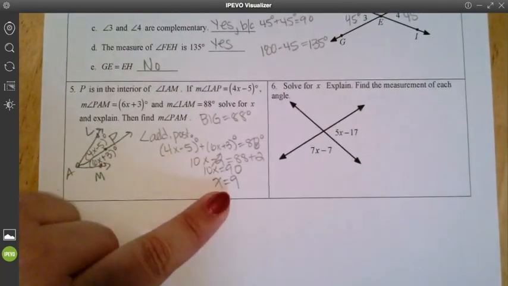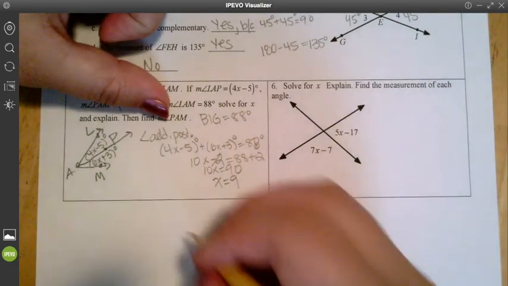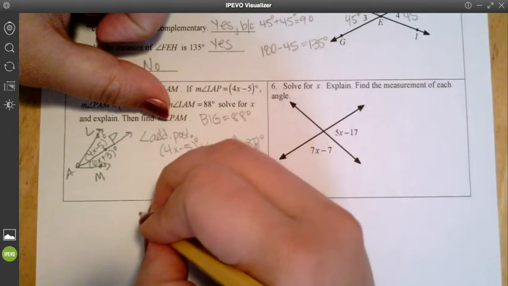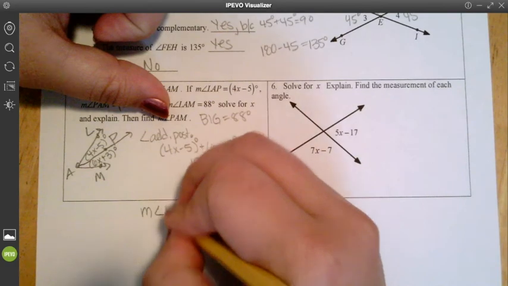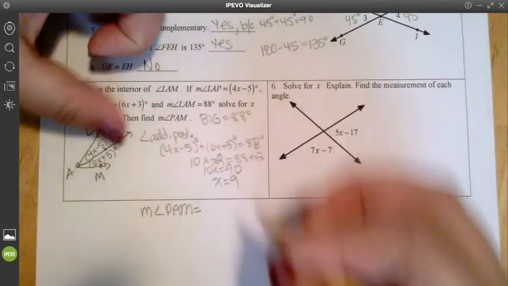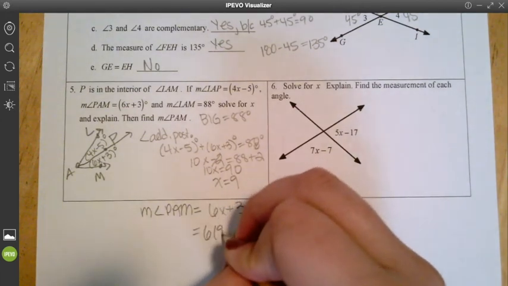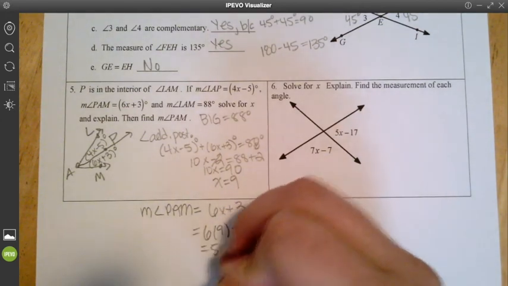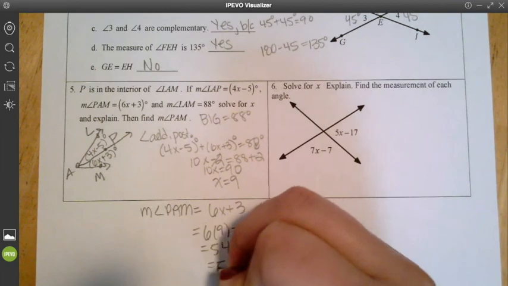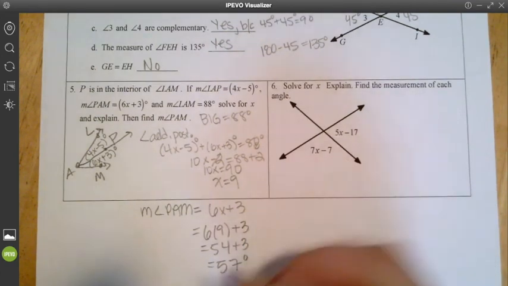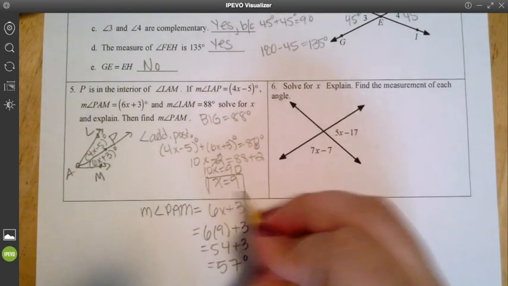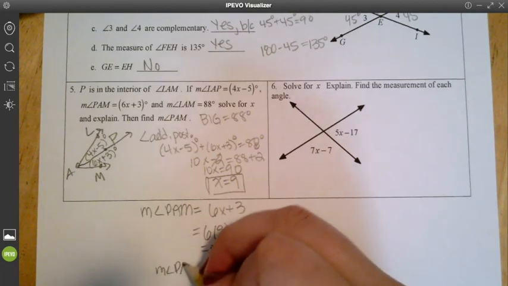So that's the first step. And find the measurement of angle PAM. I'm going to just go below the box. Measurement of angle PAM. PAM is 6x plus 3. 6 times 9 plus 3. 54 plus 3 is 57 degrees. Measurement of angle PAM.